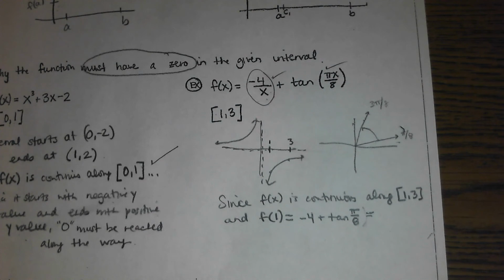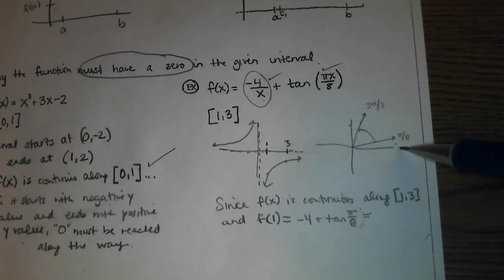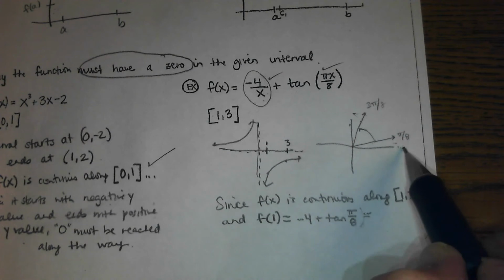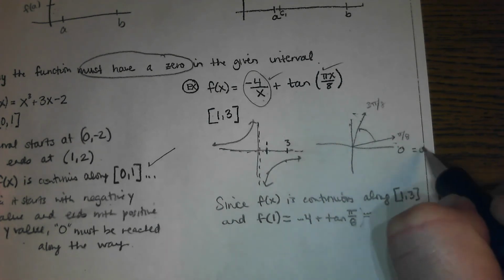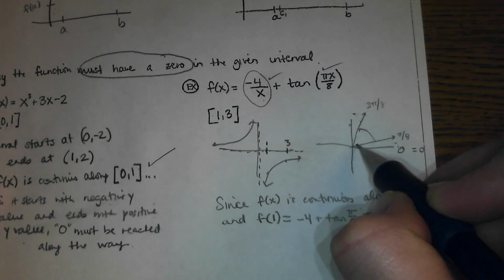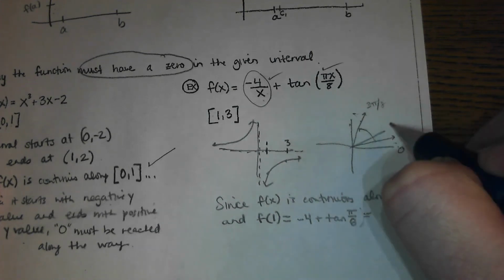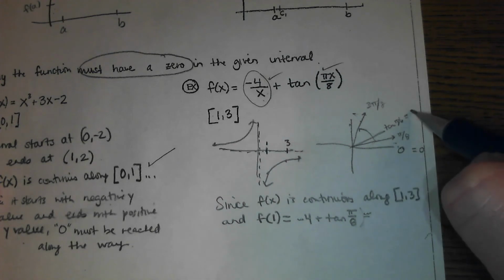You also don't know what the tangent of pi over 8 is. But you do know what tangent's behavior is as it travels from 0 up to pi over 2, don't you? At 0, what's the tangent of 0? Tangent of 0 equals 0. The next one you know is pi over 6, which will be slightly past pi over 8. So the tangent of pi over 6 would give you, what's that?